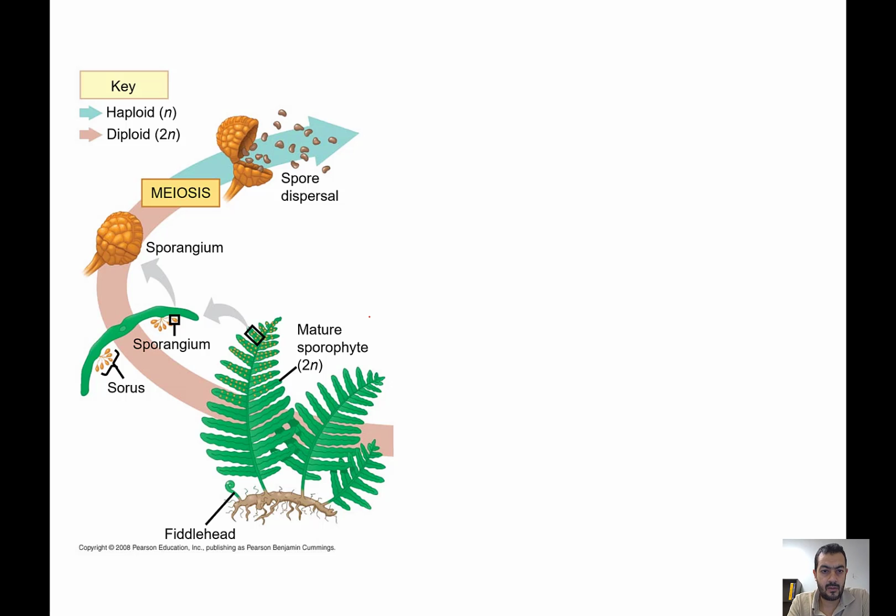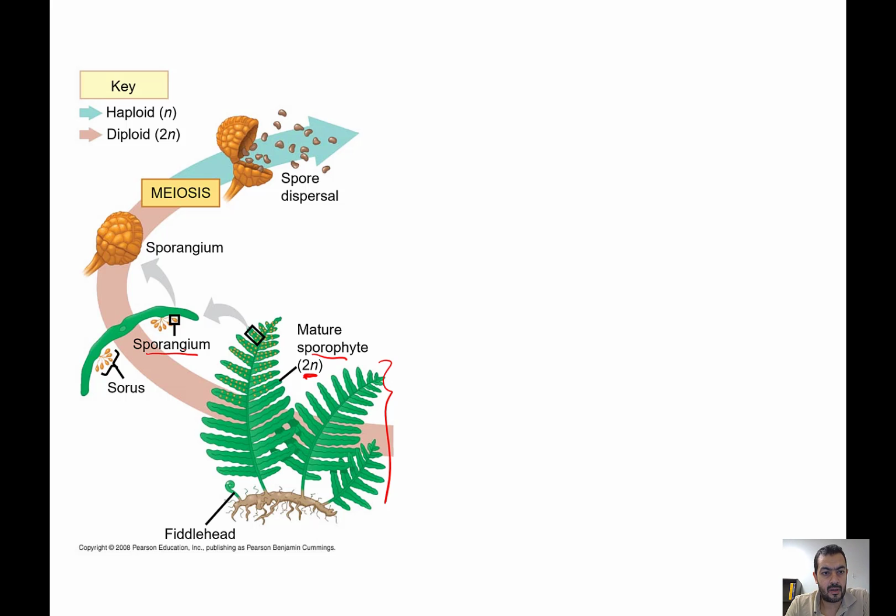So as we said, the sporophyte is the dominant stage. It is the green structure that we see, and it is the one that is doing the photosynthesis. Sporophytes are a diploid stage, because it is formed by the fusion of two gametes into a zygote. On the underside of the leaf, we see the sporangium.